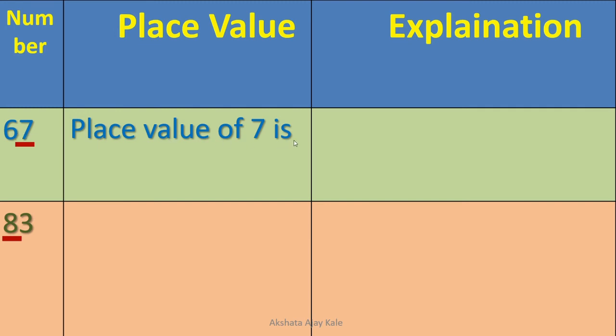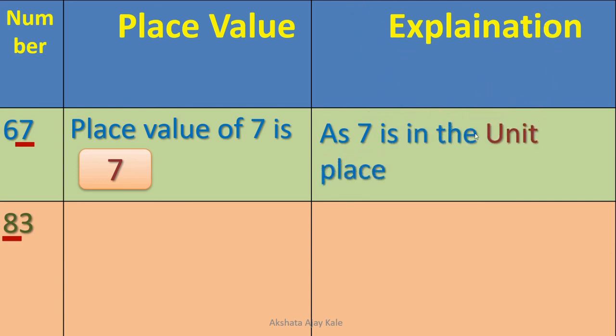The place value of 7 is 7. Because that is a single. It is in unit place. Same explanation we are going to give here. As 7 is in the unit place, so the place value is only 7. Got this?